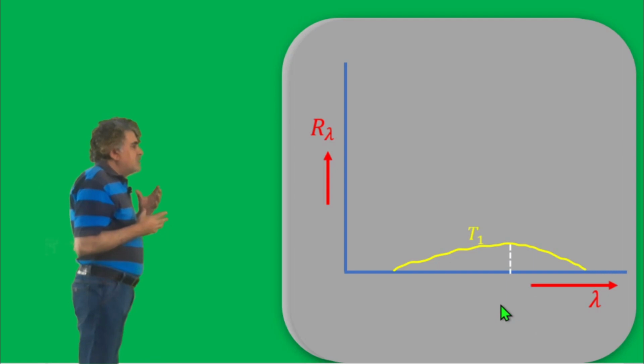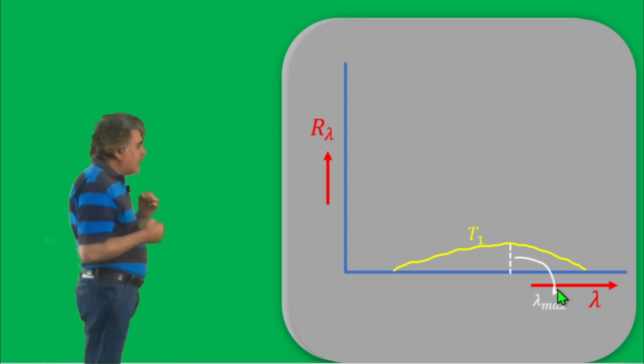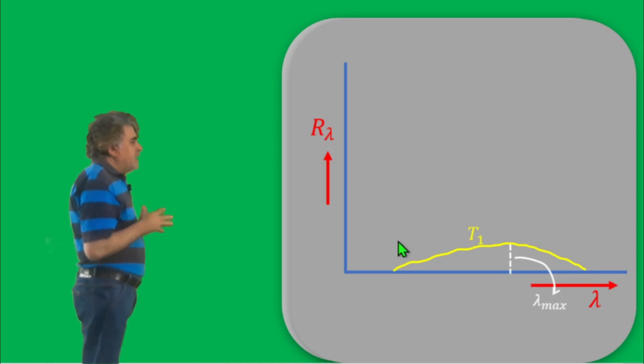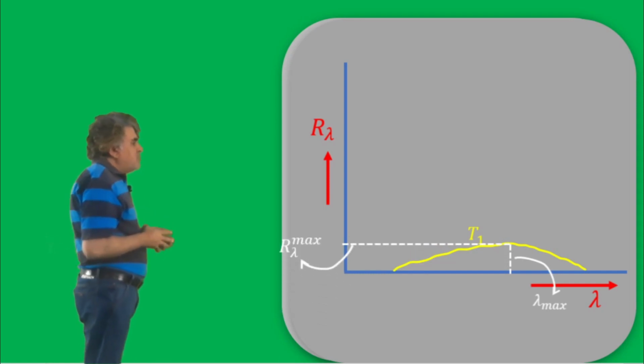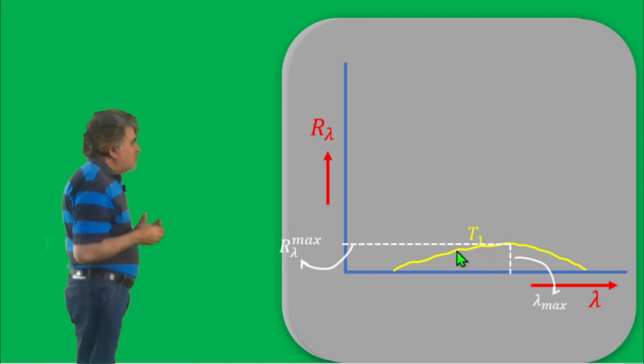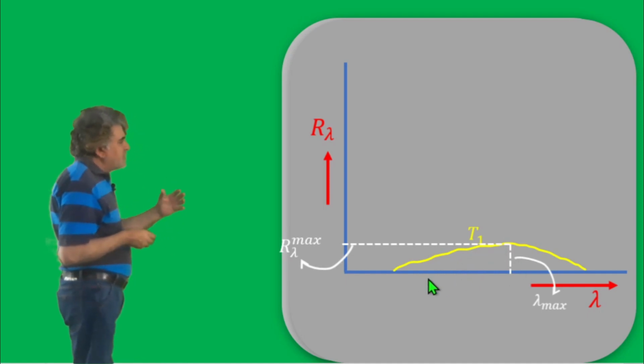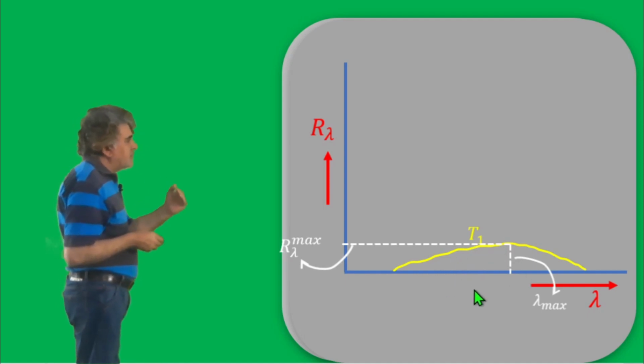One can see that the curve has a maximum at a particular wavelength, which I am denoting here by lambda sub max, and it represents the maximum emissive power at temperature T1, which here I am representing by R sub lambda sub max, because the emissive power for all the rest of the wavelengths is less than this one.